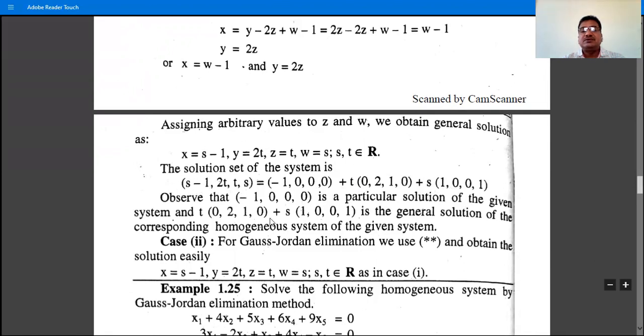So this is the solution set, written in curly brackets, such that s and t belong to R.